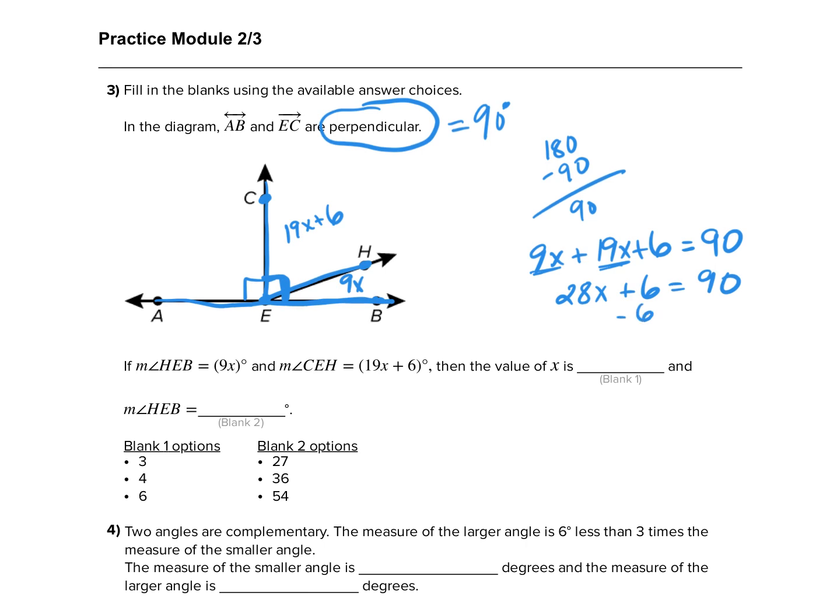Then I can subtract 6 from both sides, and I'll get 28x equals 84. And my last step, obviously, is to divide by 28.